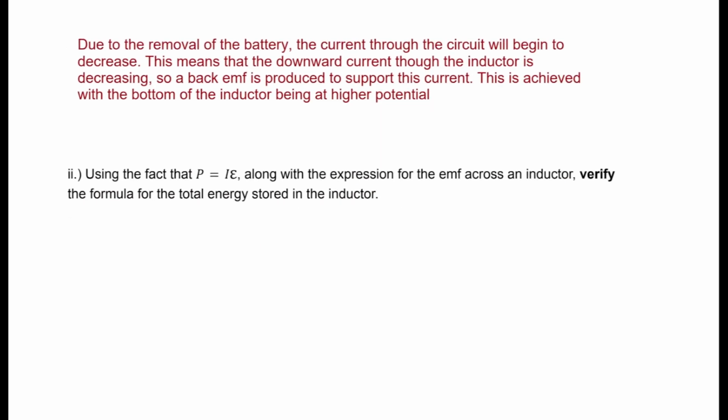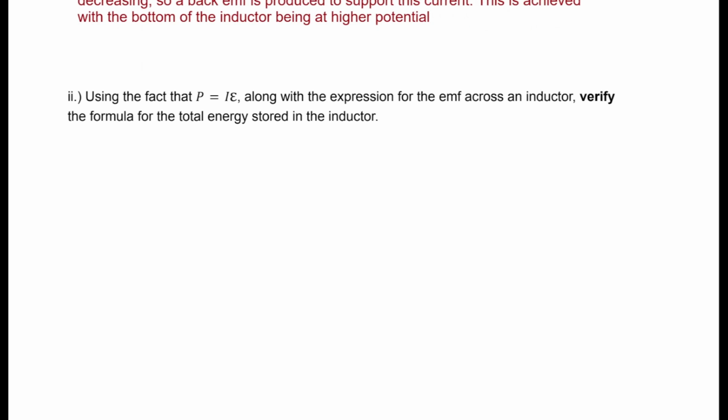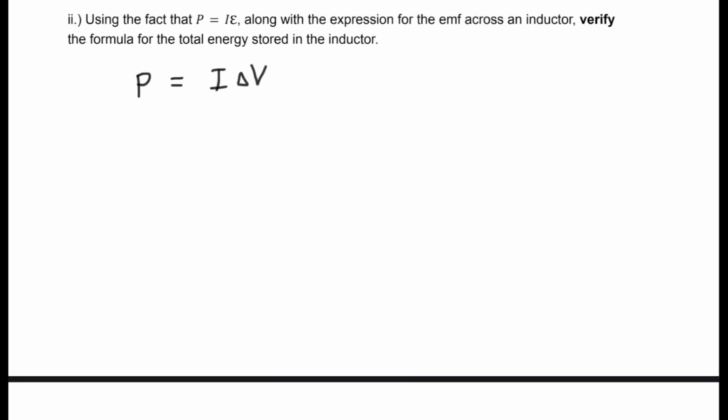Now we'll derive the energy formula explicitly. We know that the power is equal to the current times the voltage, because we get coulombs per second times joules per coulomb, which is joules per second. Also, I of t is something that varies, so we have a varying current.